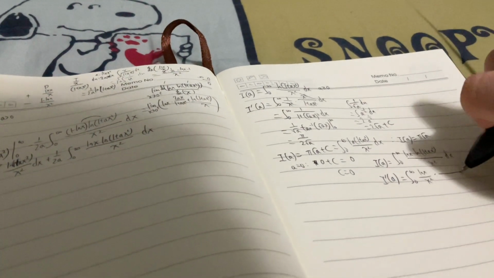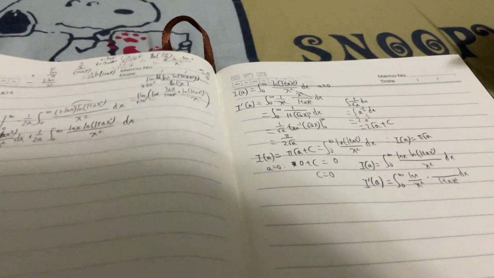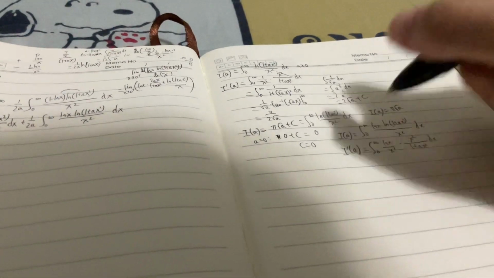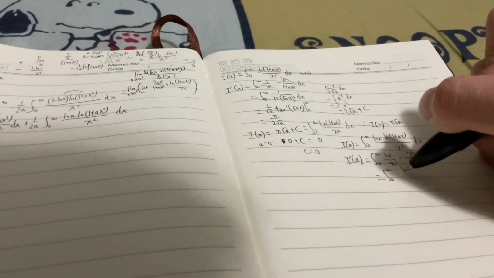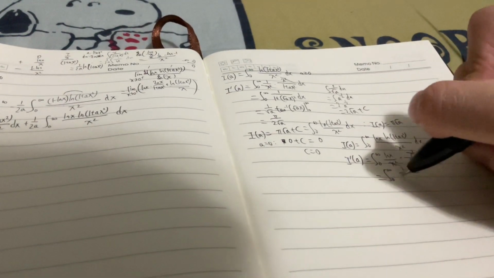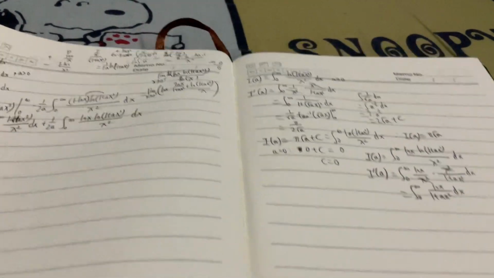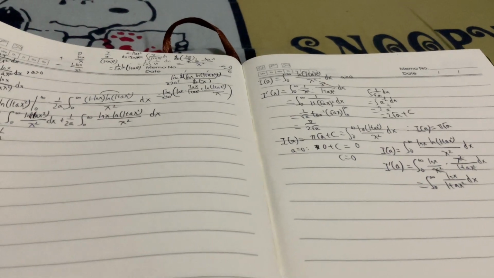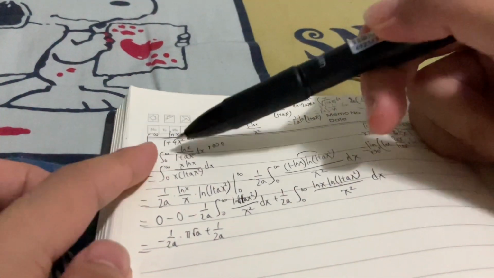And this one you get 1 over that, and then x squared is just a constant. So far you get I prime of a is equal to the integral of ln x over 1 plus ax squared dx. Ooh, this is really cool, because you see this integral is just the I of a, this question.